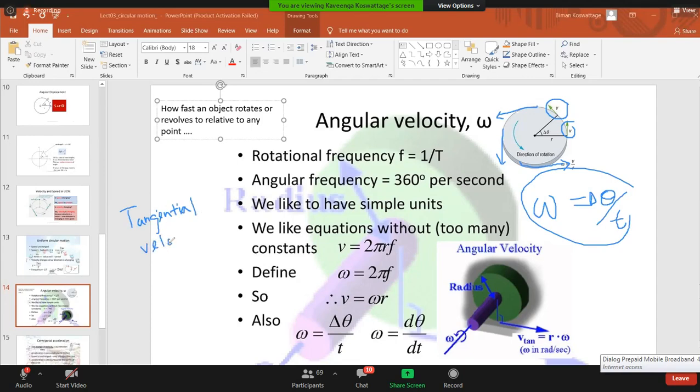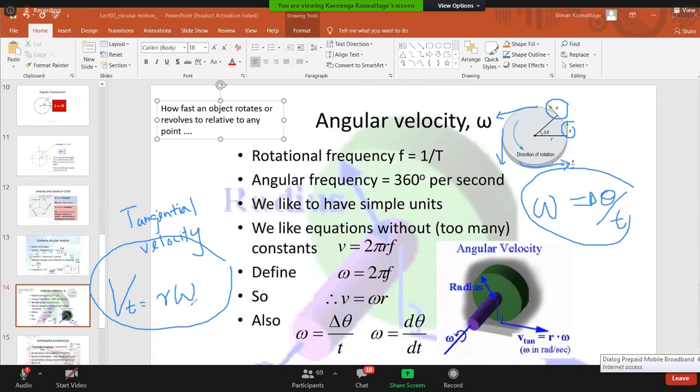Right? Tangential velocity. So there's a relationship between this tangential velocity and angular velocity. Please remember that the tangential velocity Vt is equal to r omega. So please write this equation. Tangential velocity Vt is equal to r omega. Omega is the angular velocity.